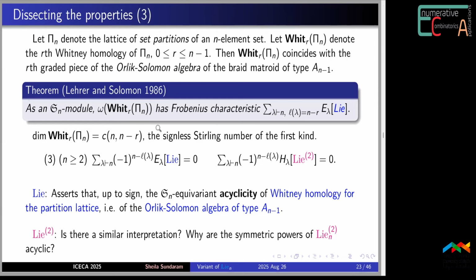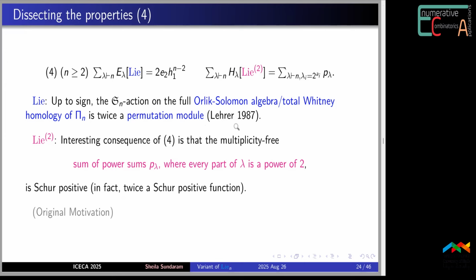And I found this buried in a paper of Gustav Lehrer from 1987, so he knew this. What is it saying for Lie superscript 2? Now I have the sum of all these higher Lie superscript 2 modules, and I can write it apparently as a sum of power sum symmetric functions p_lambda, where the parts of lambda are all powers of 2. So 1, 2, 4, 8, and so on.